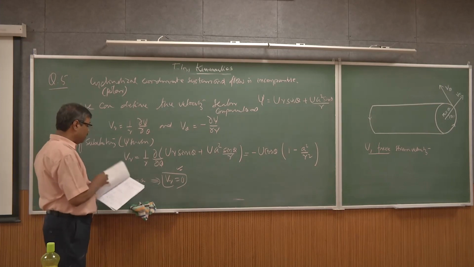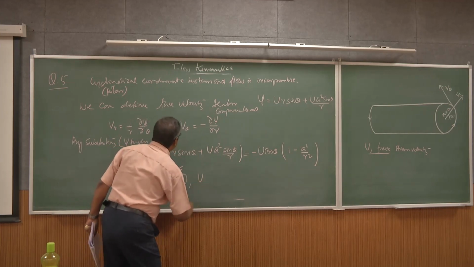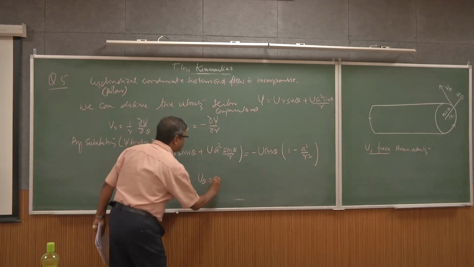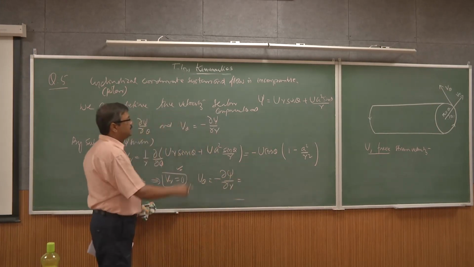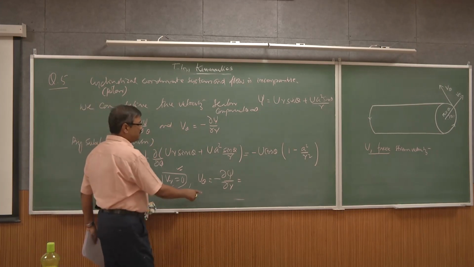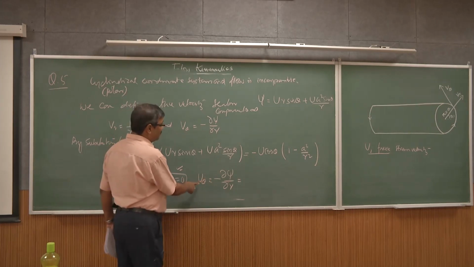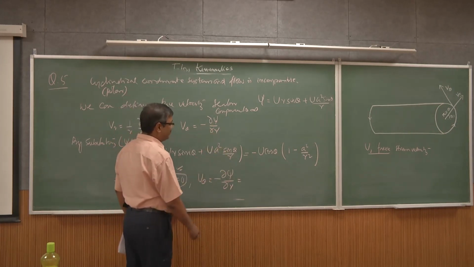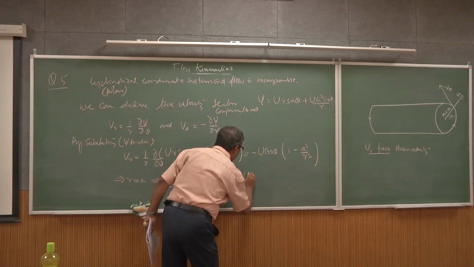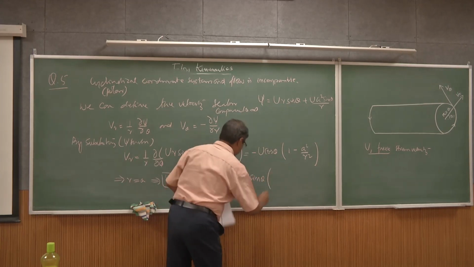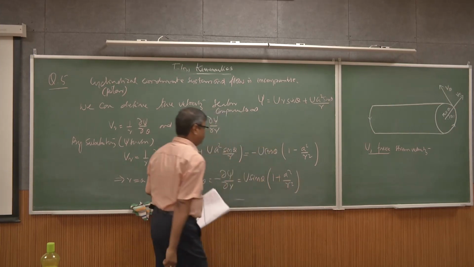Now, looking for the second component, what will be the value of V_theta. That means taking the partial derivative with respect to r of the stream function and the negative of that, which indicates the tangential velocity component at the theta location. What comes out here is U sin theta times 1 plus a square by r square.